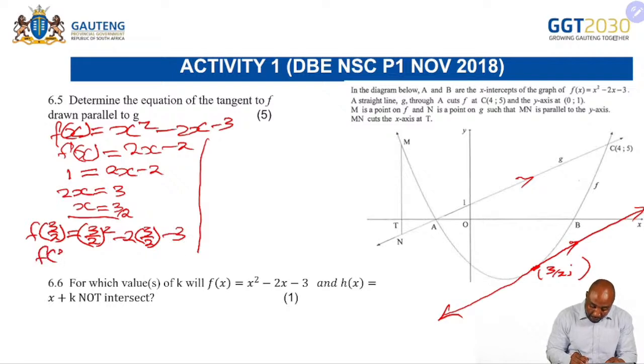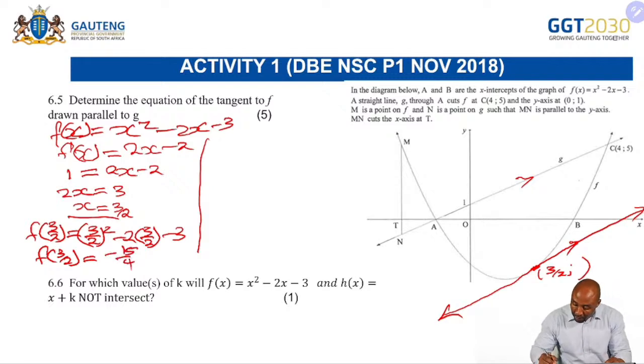Using your calculators, that should give you negative 15 over 4. So it means the point of contact between our tangent and the parabola, the coordinates are 3 over 2 and negative 15 over 4.